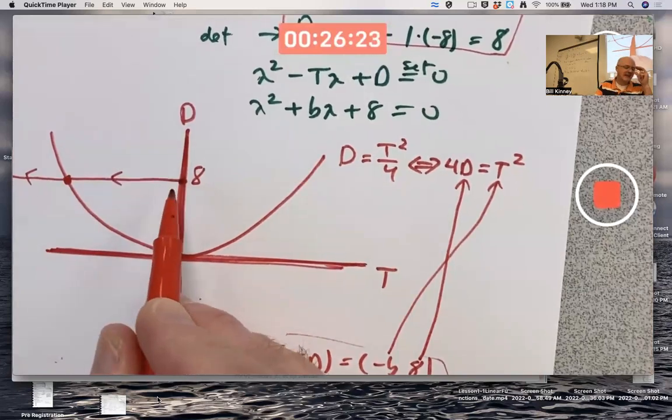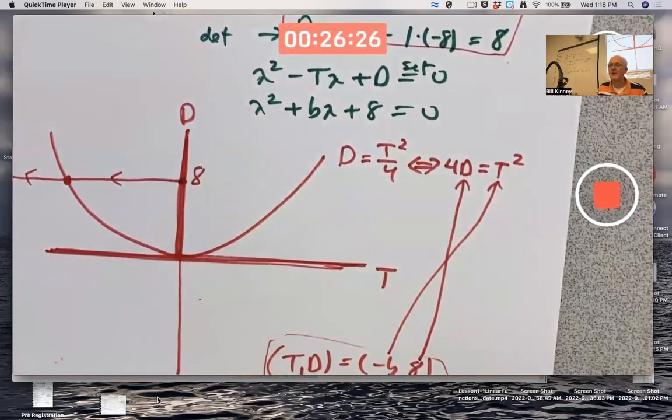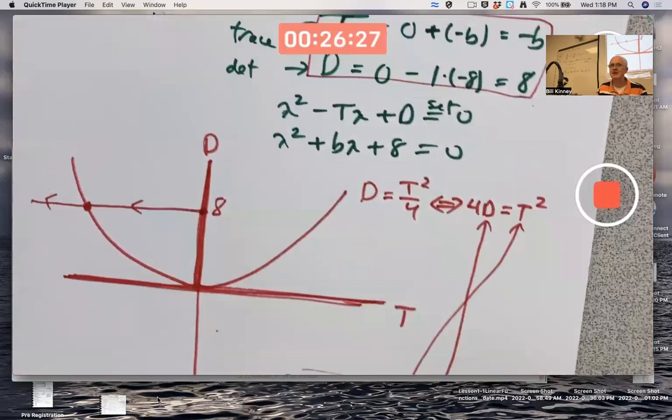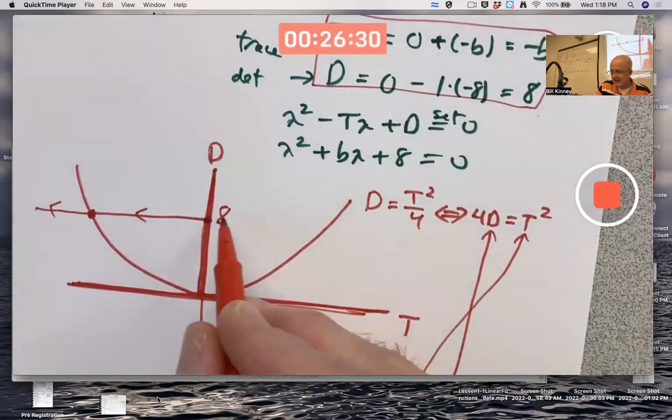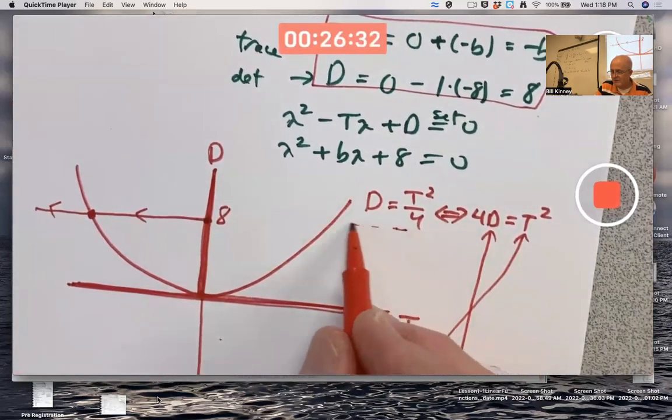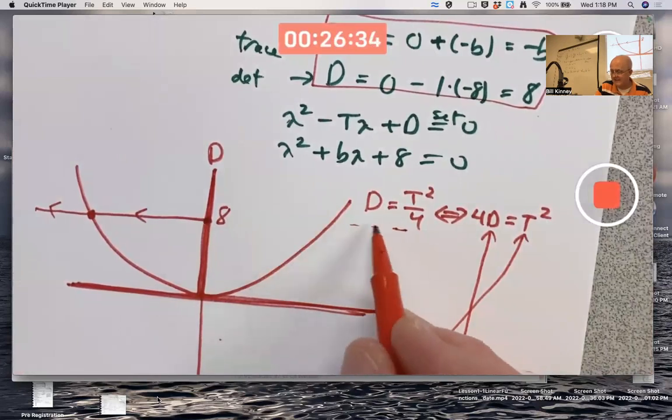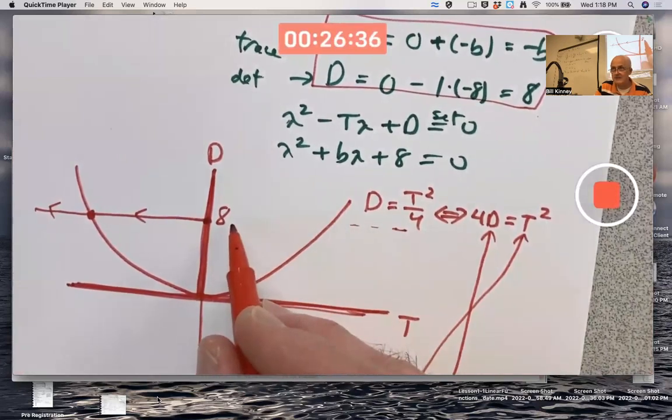Now, if you allowed negative B's, maybe because you didn't care about harmonic oscillators, but you just like thinking about differential equations, then your curve would start back over here and still be heading to the left as B increases.